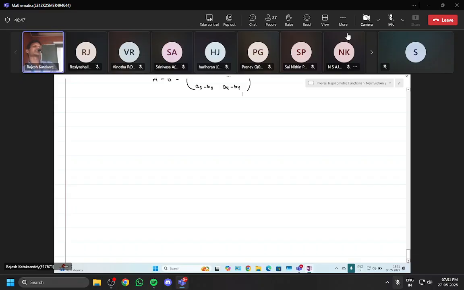See, matrix multiplication will be commutative if one of them is null matrix, zero matrix, and if one of them is identity matrix. Anything else you have? One is null matrix, commutative. One is identity matrix, again commutative.